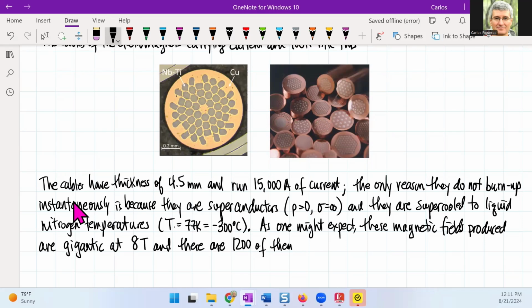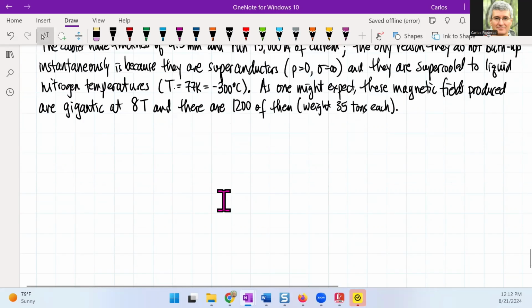And the weight of these guys, check this out. The weight is 35 tons each. Now, we got to be careful here. These big, gigantic steering magnets, there's not as many as the other ones. CERN probably has 10 to 15,000 magnets, but I'm only focusing on the ones that are steering. Now, when you look at these things, look at that, 15,000 amps.